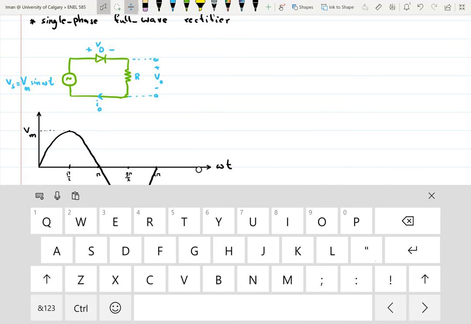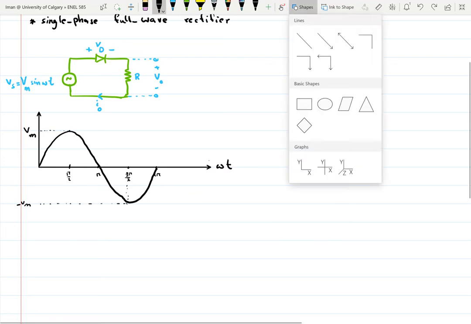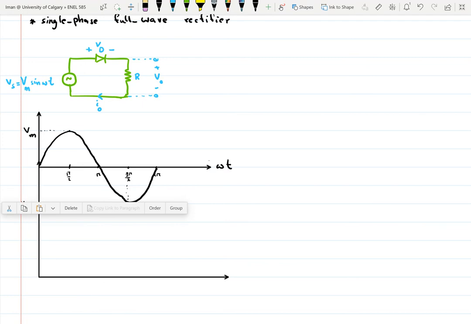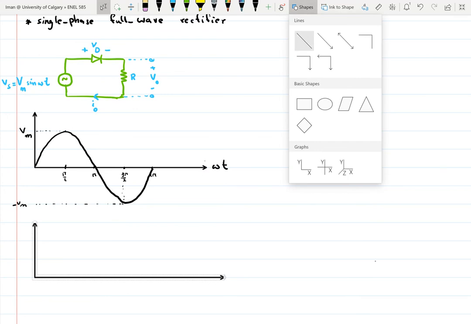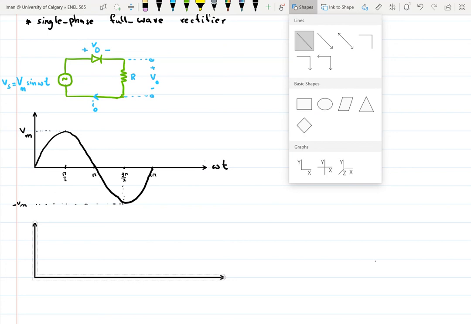Oops. Okay, so let's draw another graph. Let's try to draw a line.